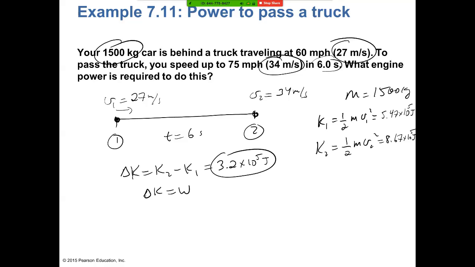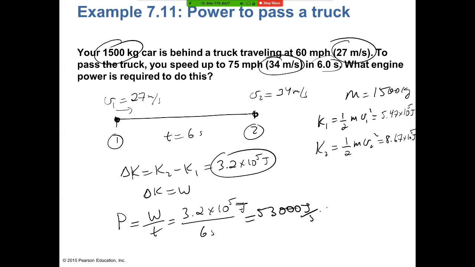Then one thing I can do is calculate the power, which is the amount of work done per unit time. That is 3.2 times 10 to the 5 joules during the 6 second time interval. If we do that, we get 53,000 joules per second, which can be written as 53 kilowatts.